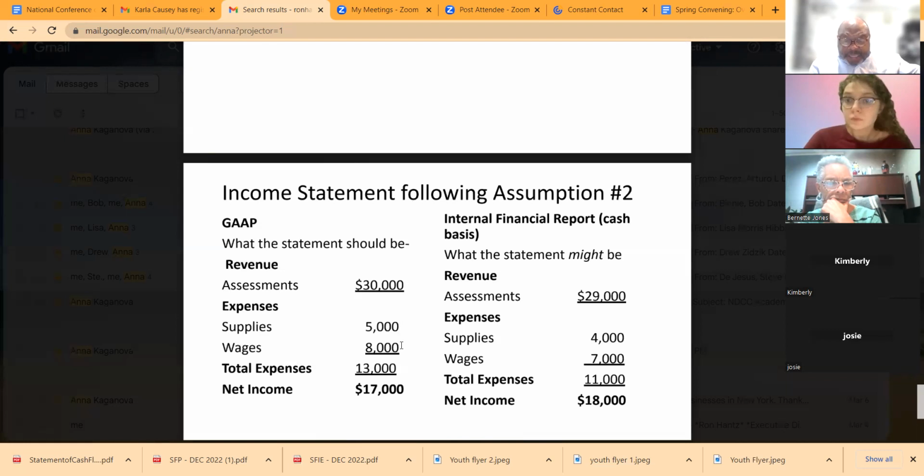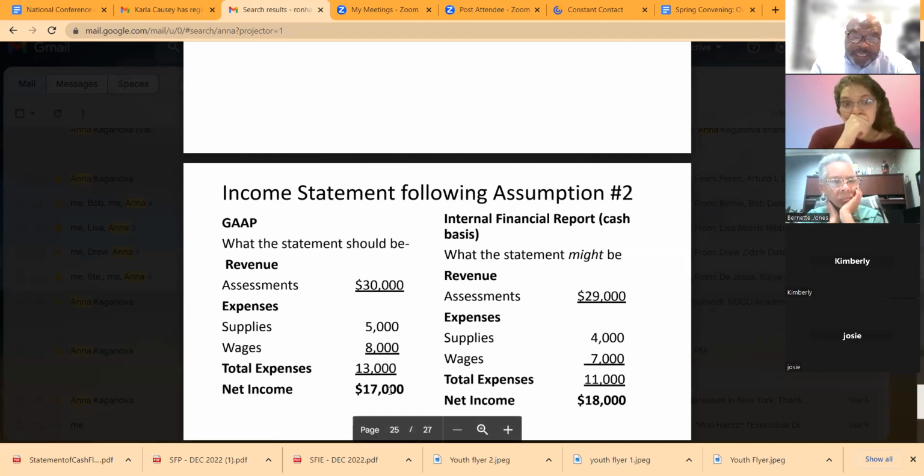Even though they only paid 4,000 and 7,000, they had budgeted 5,000 for supplies and 8,000 for wages. And so the total expense was 13,000. Even though they did not collect the entire 30,000, they assessed the 30,000, which minus the 13 gave us a net income of 17,000. And this is using the GAAP method.